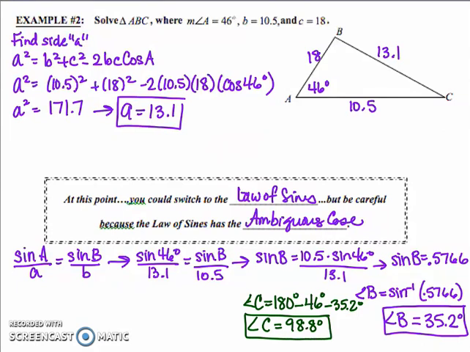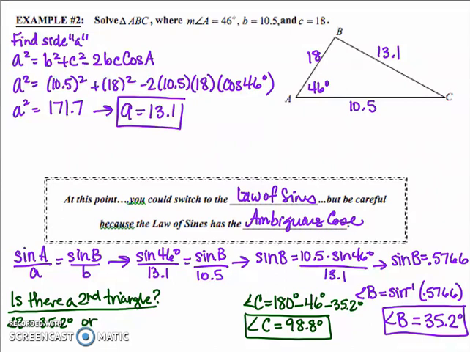However, because we use the law of sines, we have to check and see, is there a second triangle? So remember, when we do that, we always go back to the first angle that we found, which in this case was angle B, right? And we found that angle B was 35.2 degrees. Or the other option is it could be 180 minus 35.2, which would make it 144.8.